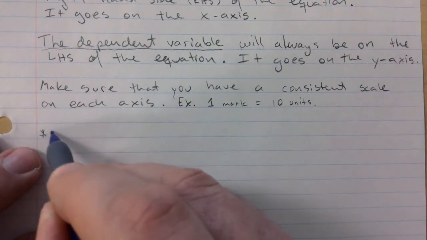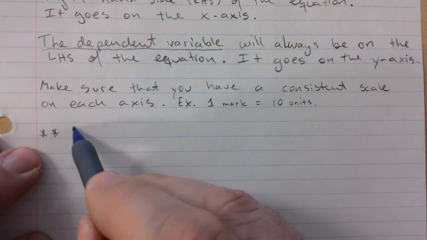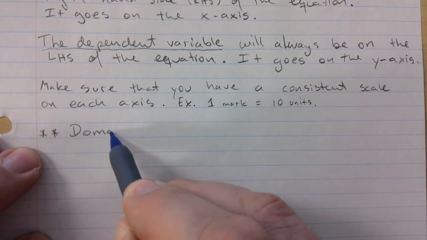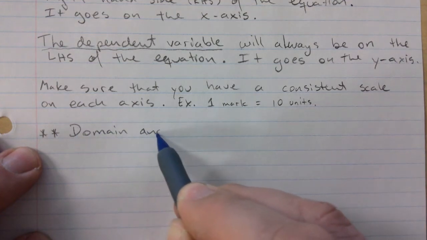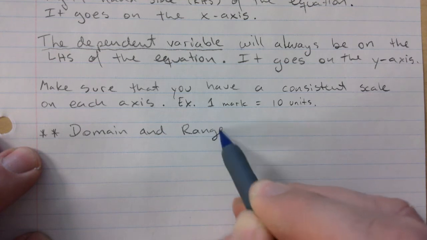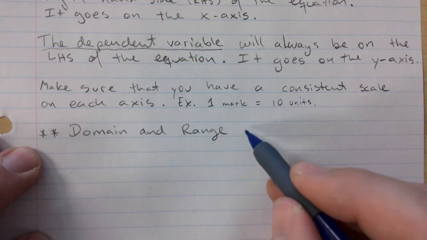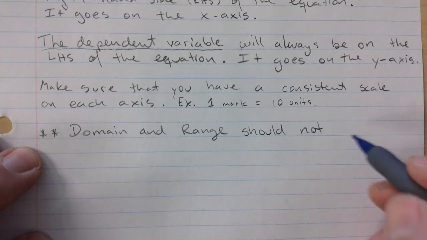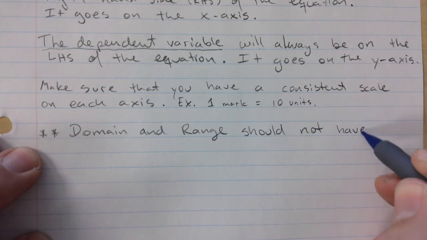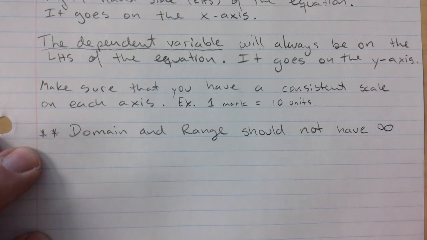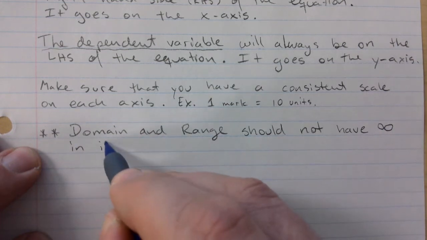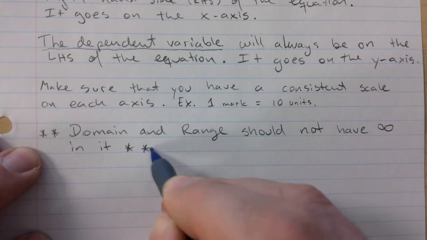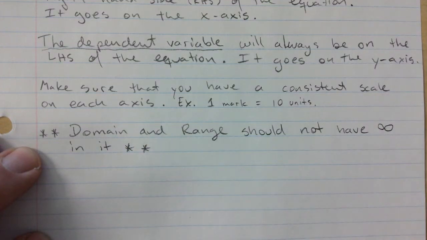This is a big double star here. Domain and range should not have infinity in it, because now we're dealing with word problems. So do not have an infinity when it's domain. Don't say negative infinity to positive infinity.